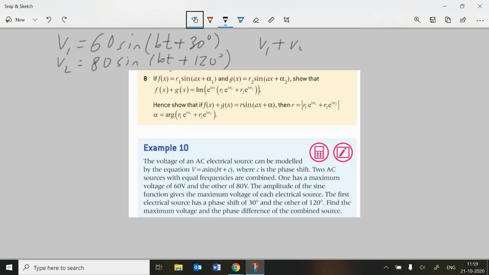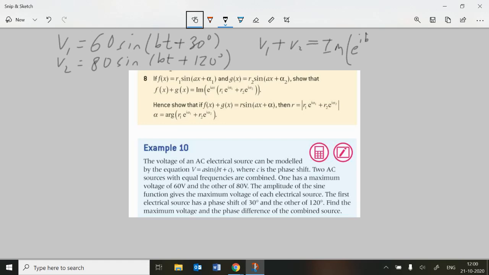Okay, so find the maximum voltage. So what do we need to do? We need to add together these two things here. Now, when we add them together, we're talking about getting the imaginary part of e to the i B t, and B was essentially our A, that's the frequency.